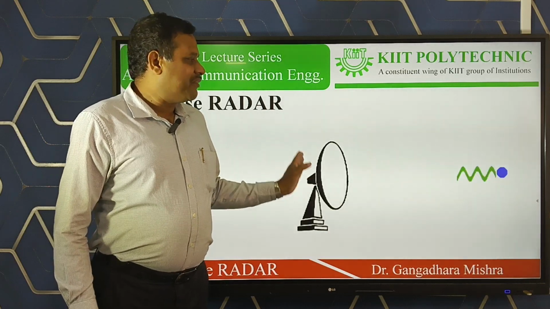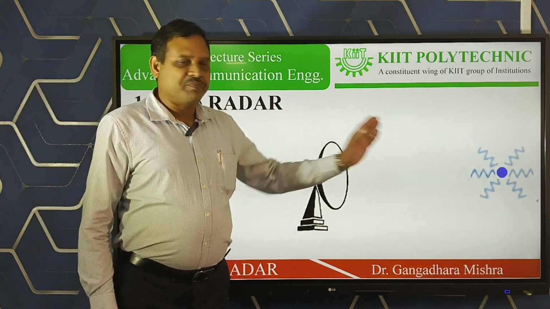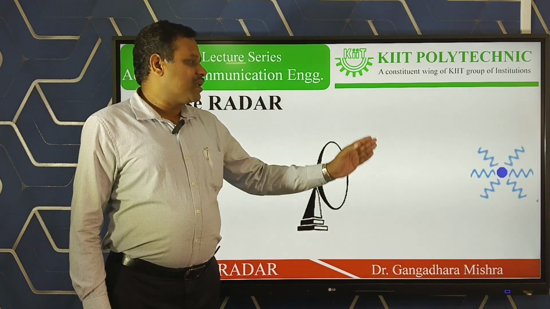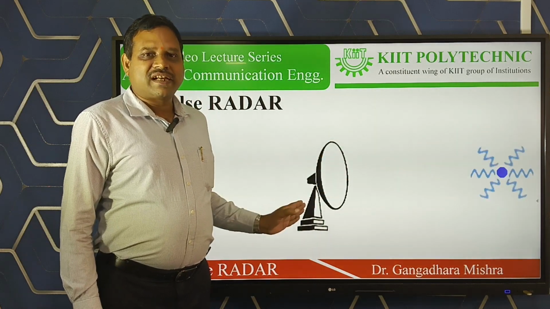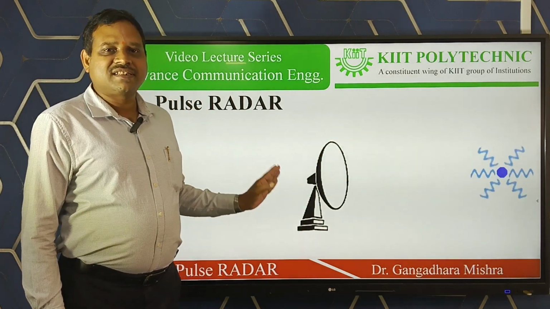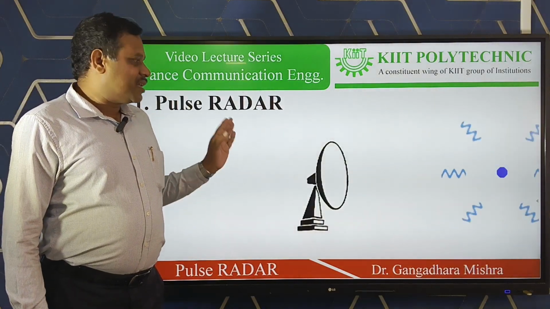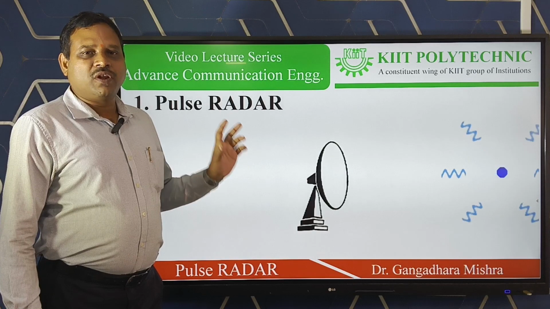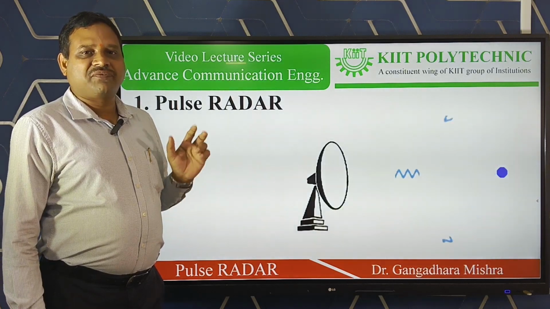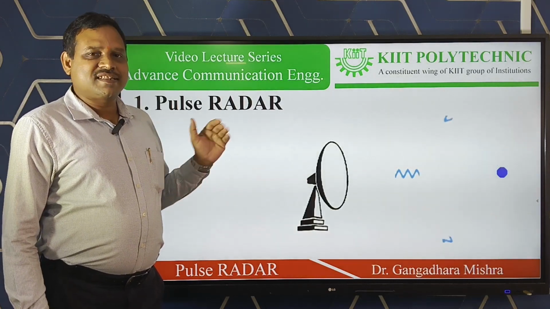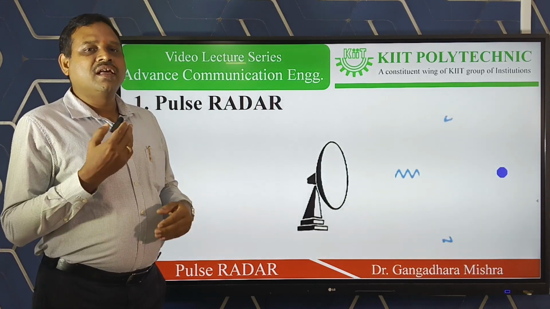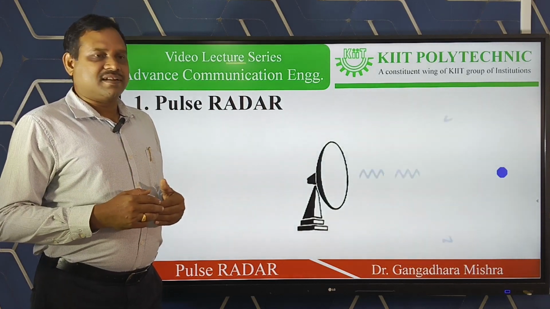That pulse will travel in space to the object and will be reflected back towards the antenna. That reflected signal will be processed, and finally the processed output will be analyzed to derive the different parameters. So let's see how this process is done in a pulse radar.